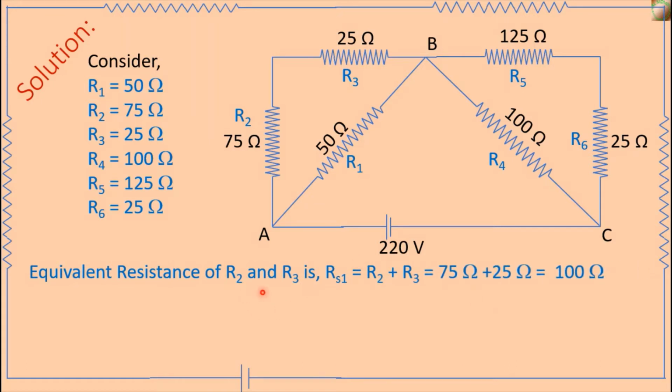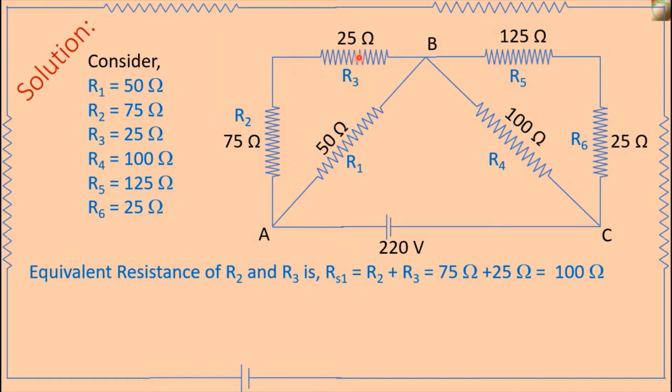Equivalent resistance of R2 and R3 is Rs1, equal to R2 plus R3. Here R2 and R3, these two resistances are connected in series, same path. We know the current flowing through R2 and R3 is the same.